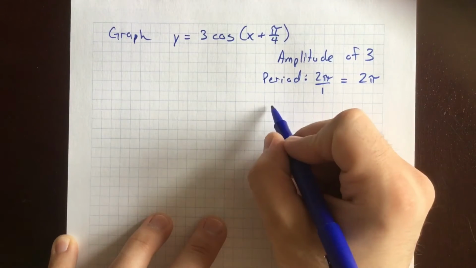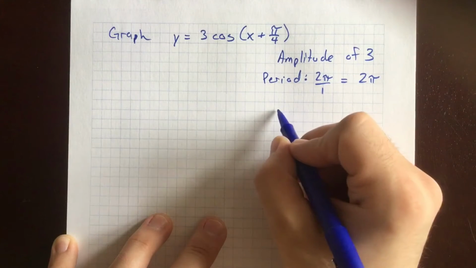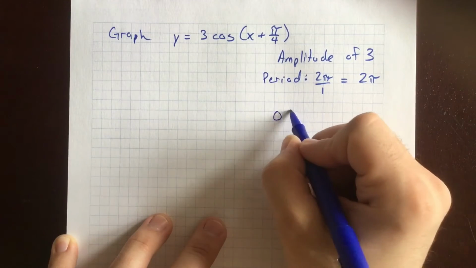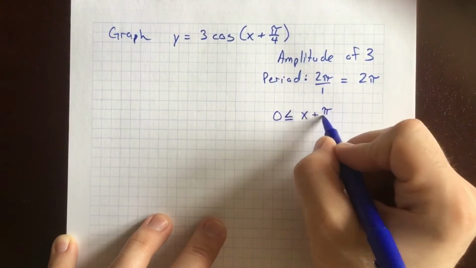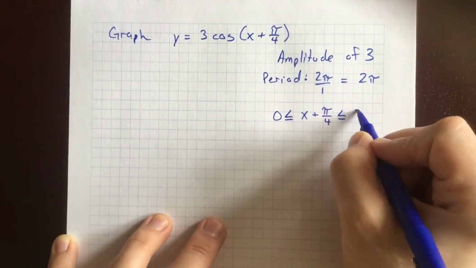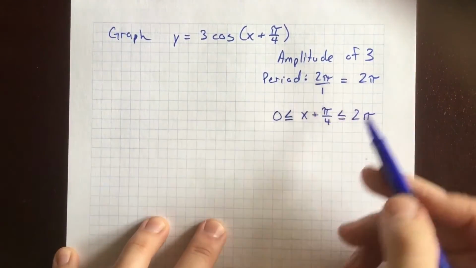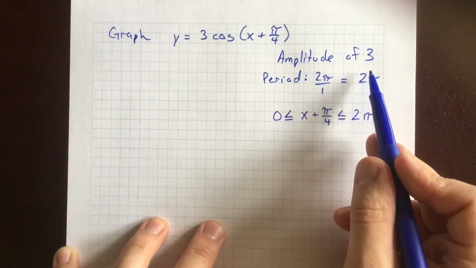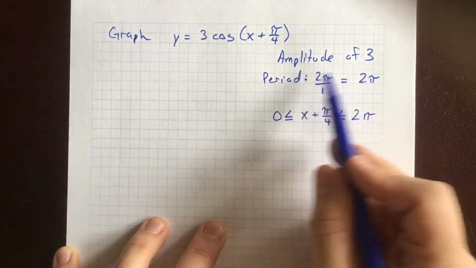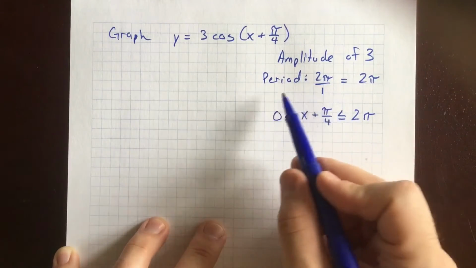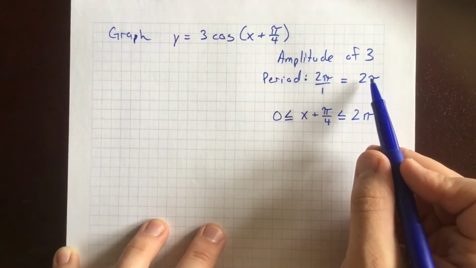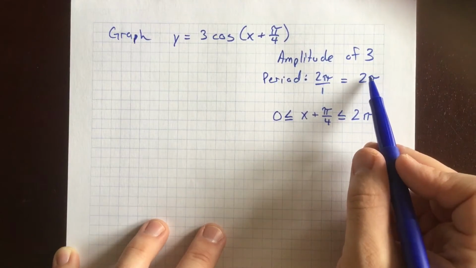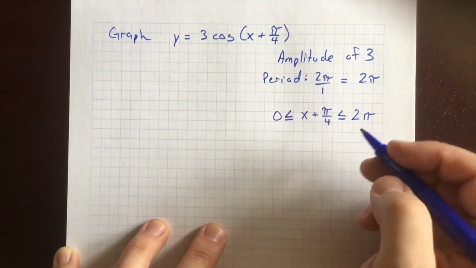In here we're thinking, okay, so we have 0, and we're placing an x plus pi over 4, and 2 pi. I want to say this, with our period of 2 pi, that would change this situation when it's not a period of 2 pi, but we have a solution for that, and you'll see within the next couple of examples.